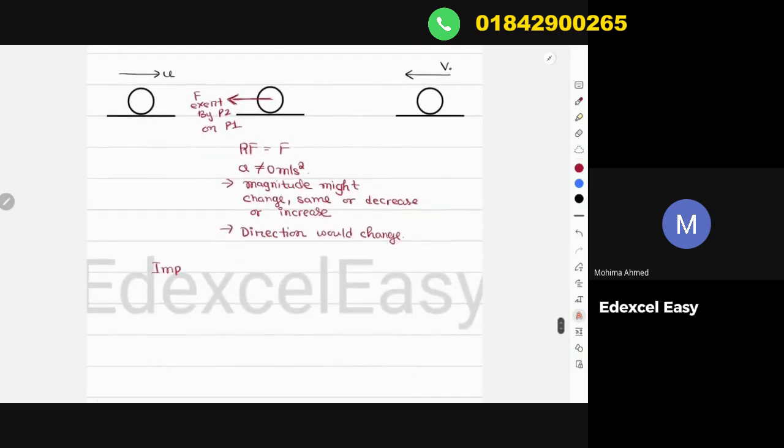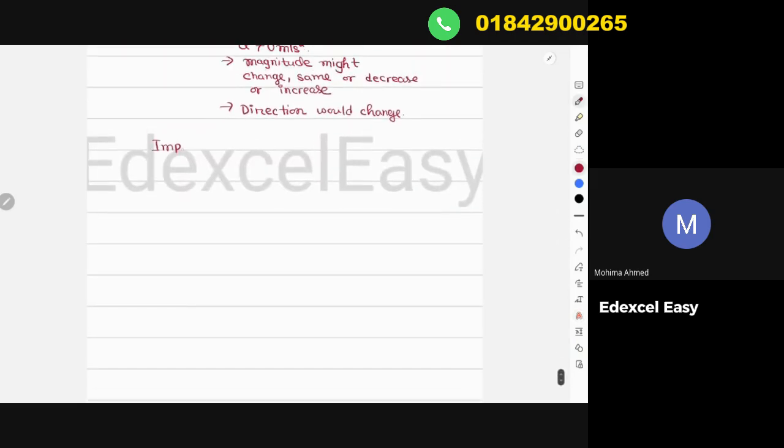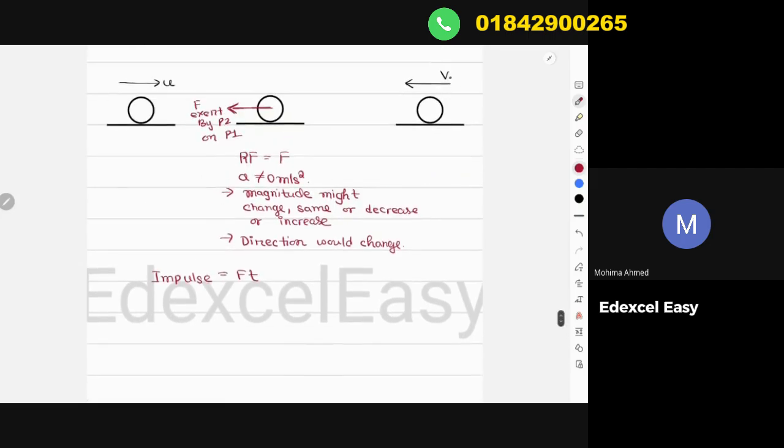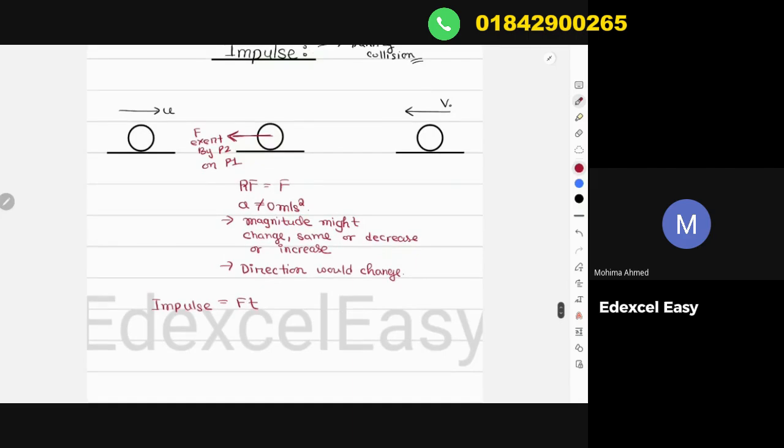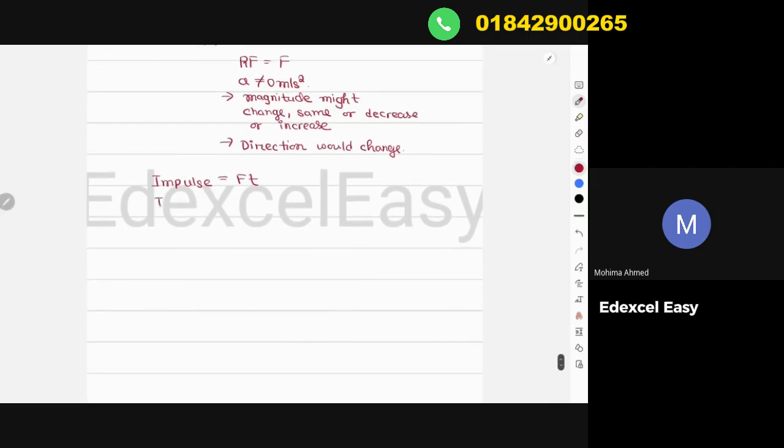So, impulse can be calculated as force multiplied by time. And there's another equation for impulse. Because of impulse, what do you see? The final velocity and the before or initial velocity change, right? So you can also find impulse as change in momentum, which is basically mv final minus initial, right?